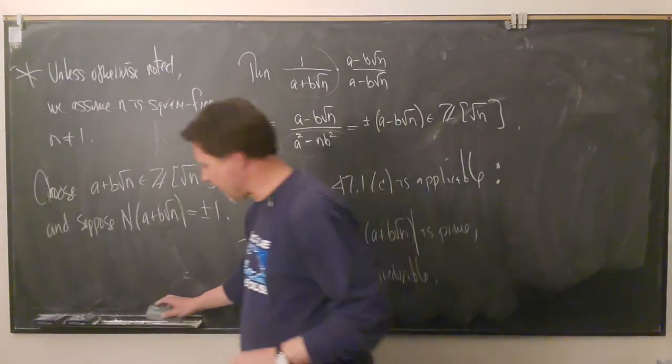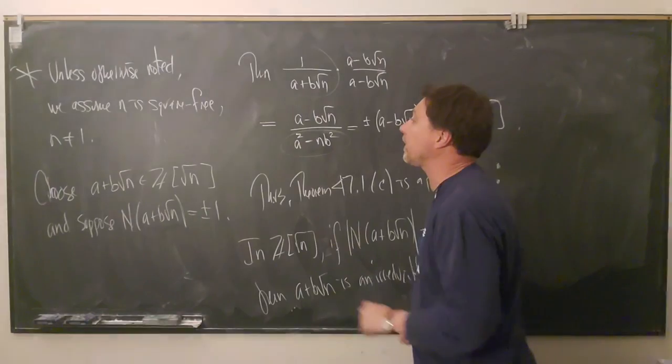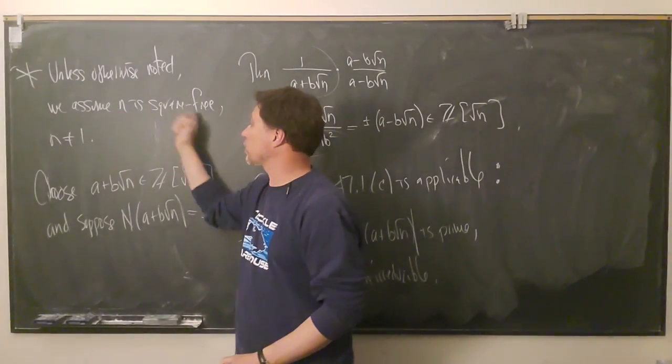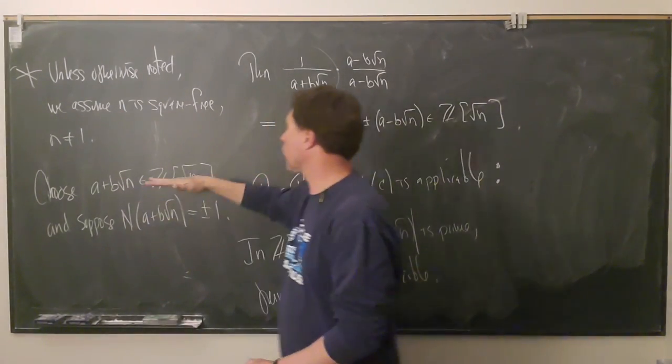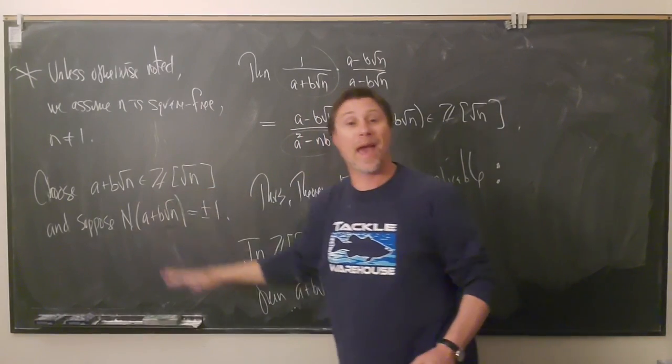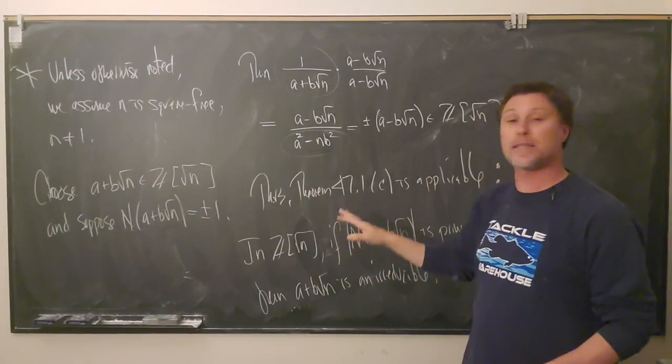Okay, so now, assuming that n is square free, not equal to 1, when we're working in Z bracket root n, we have this mechanism that allows us to detect irreducibles.